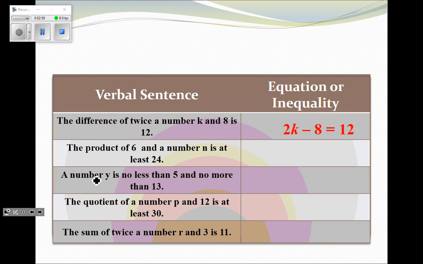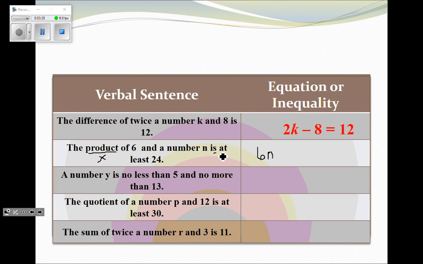Okay? The next example I'm going to show you is this one. The product of 6 and a number n is at least 24. Okay, well, product right away tells me that I'm multiplying. 6 and a number n means 6 times n, and "is at least" 24.